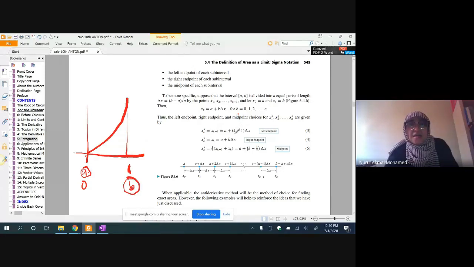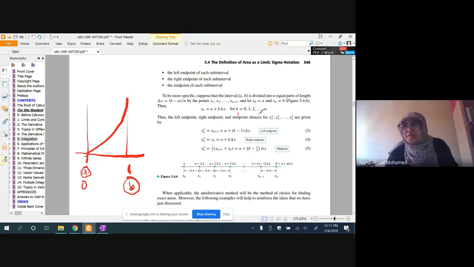Then you have k minus 1 times delta x. For the left endpoints, if our a is 0 and k starts from 0, we get 0 minus 1 delta x.